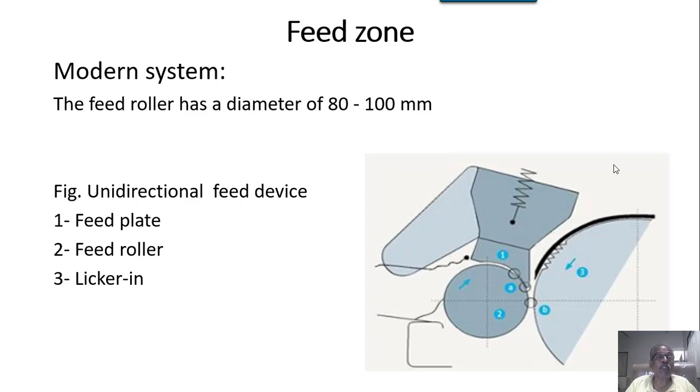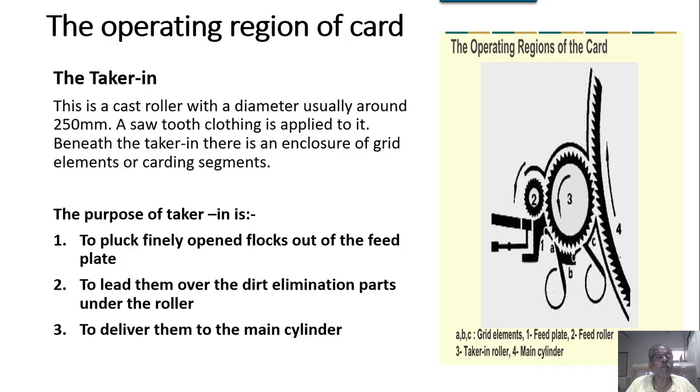In case of the modern system, already we have discussed about this one. The feed roller is having 80 to 100 millimeter dimension. Dimension plays a vital role. And then the feed plate, feed roller, and Likkerin unidirectional feed. This is especially in the context of the Rieter. Already we had seen this thing.